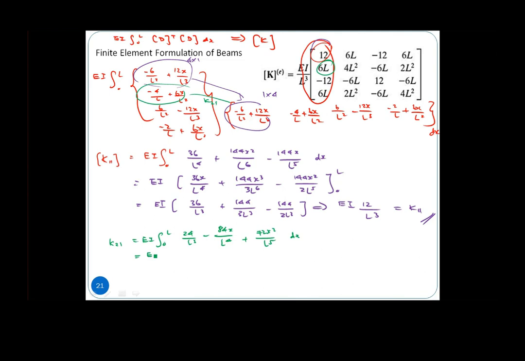So if you integrate it, you have 24x over L cubed minus 84x squared over 2L power 4 plus 72x cubed over 3L power 5, from 0 to L. So here we have now EI times 24L over L cubed.